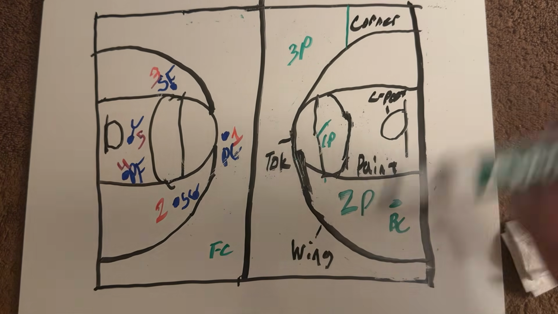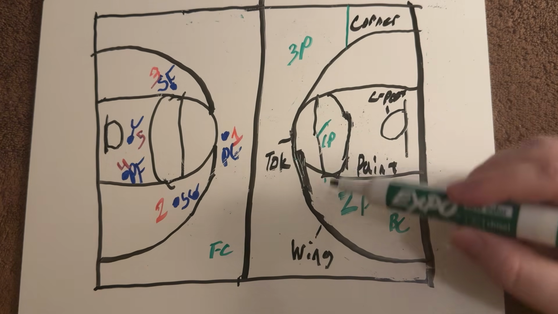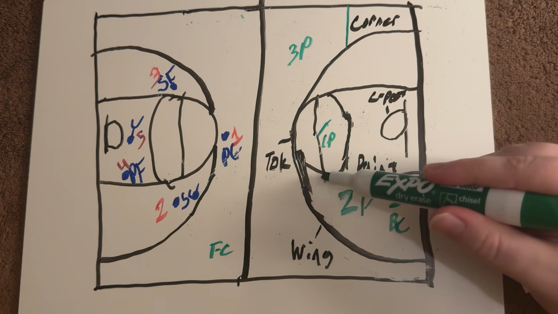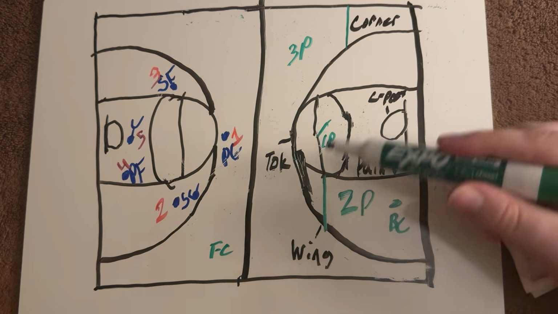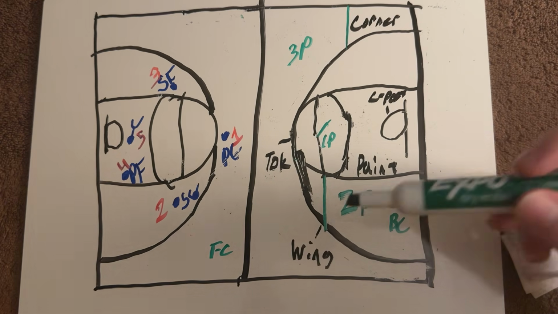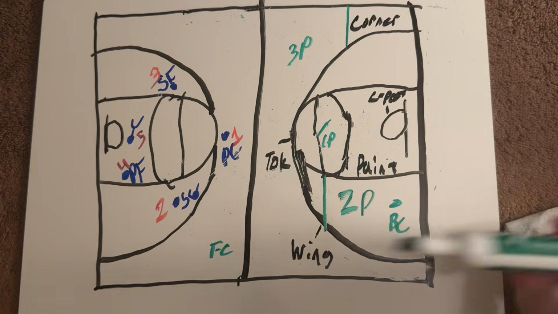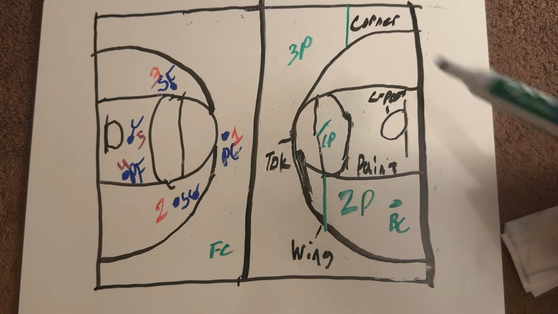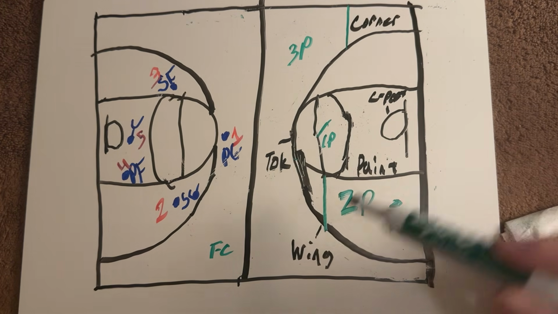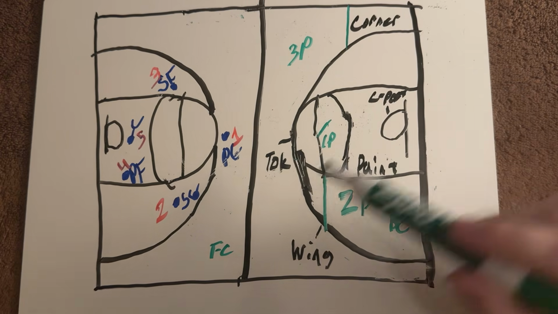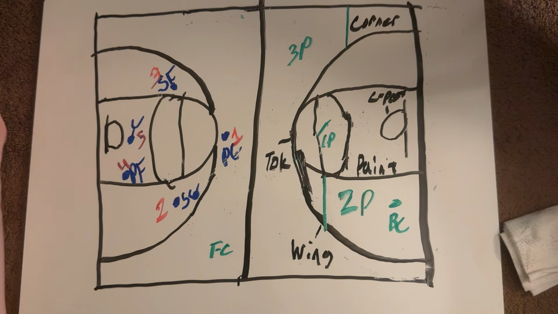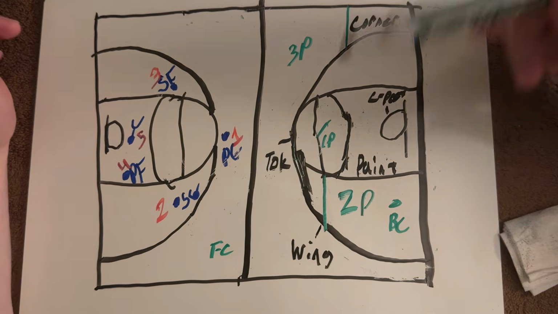This is the wing here, so visualize it: if you take the free throw line and extend it out visually in your head and go down, that is the wing area. So corner, wing, paint, corner post, and the top of the key. Those are very, very common that you hear nowadays.